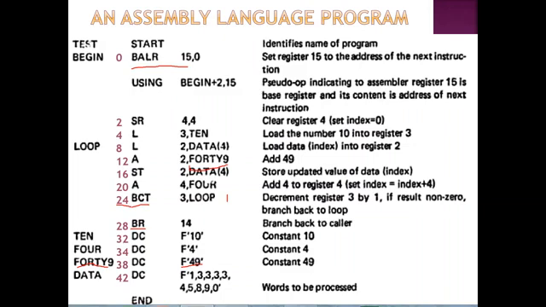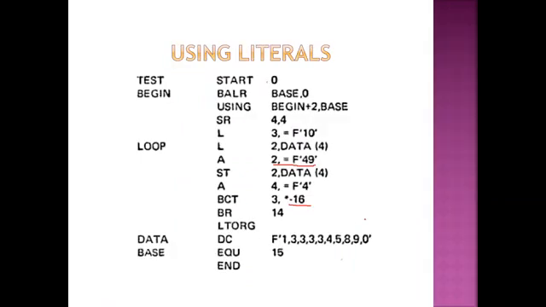So 24 minus 16 will give me 8. So instead of saying loop, I'm saying asterisk, which means current address 24 minus 16, which is nothing but 8. So you have to loop to location 8. That's what you have given here. So this is another way of writing the same program.